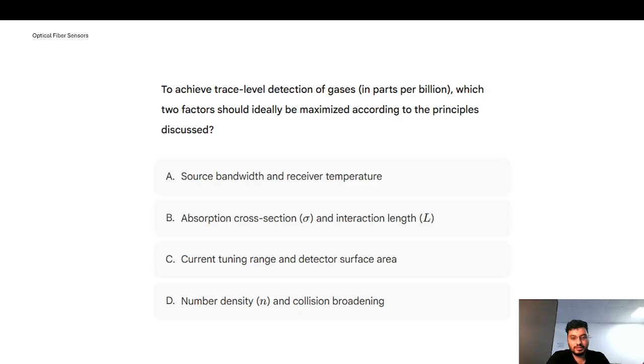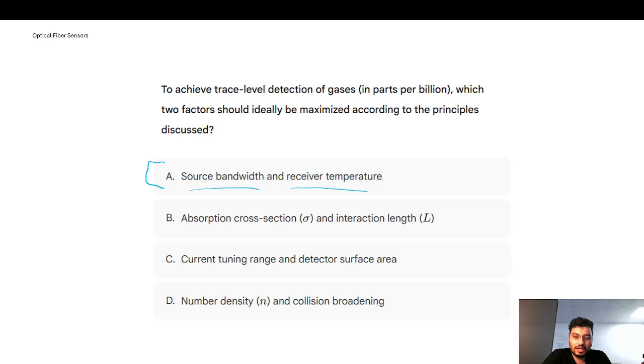No, actually, option A says that source bandwidth and the receiver temperature. Before that, we need to move for the absorption efficiency, no? Its receiver temperature and the source bandwidth will be constant for the whole apparatus, whole instrument.